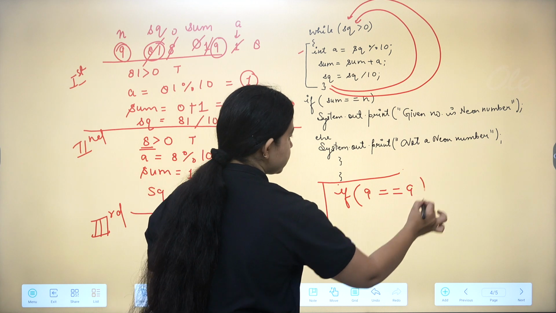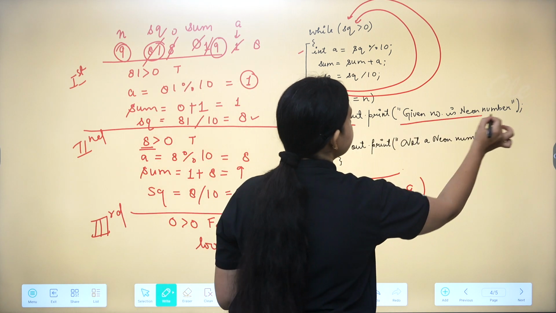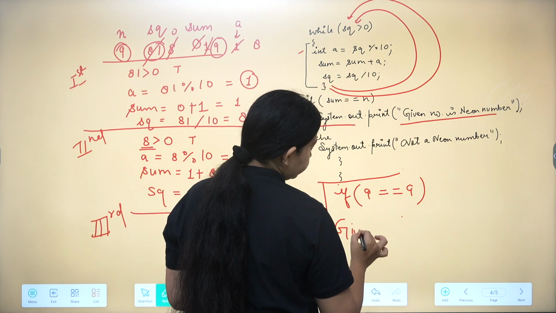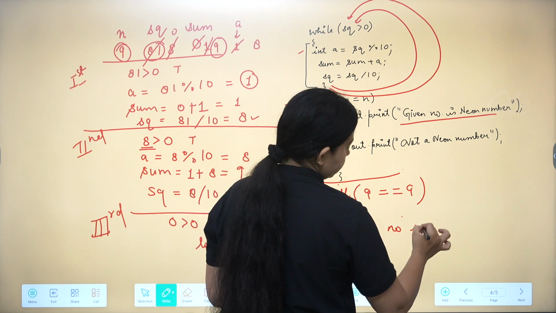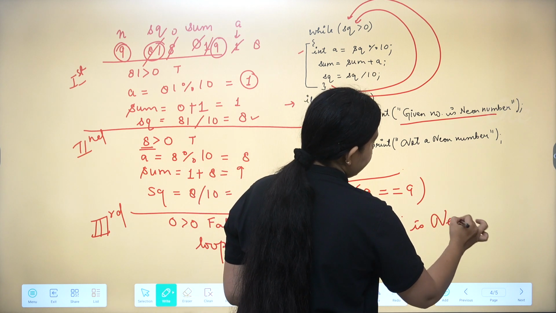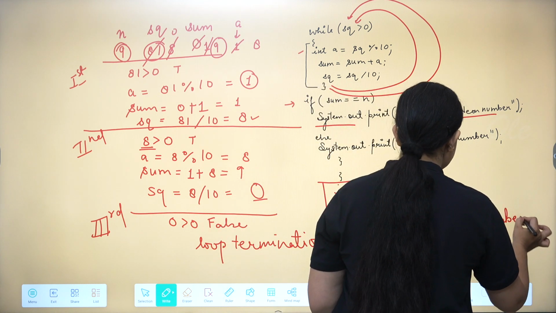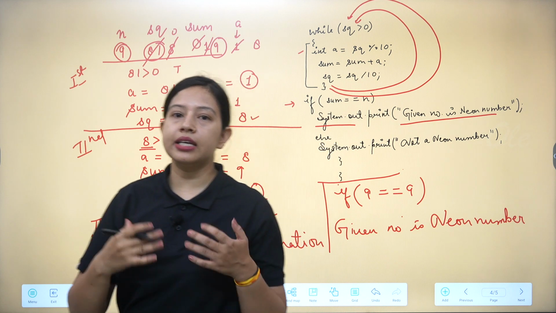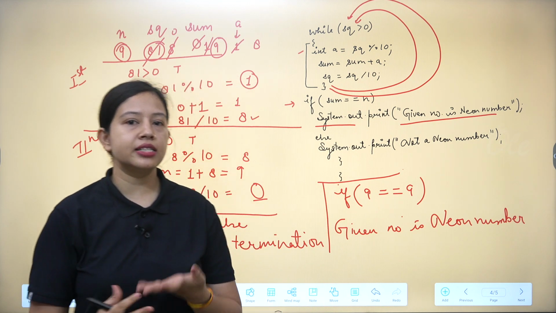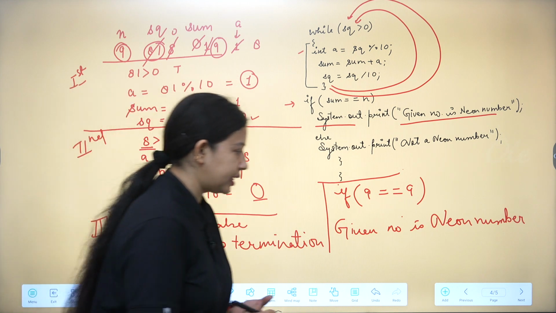Yes. So that's why you get the message that the given number is a neon number. I believe nobody faces any difficulty making this kind of program; it is quite easy and simple. You can easily make it without any difficulty.